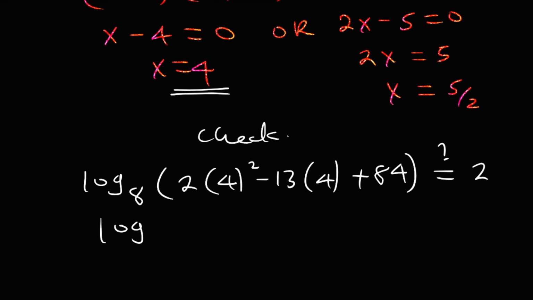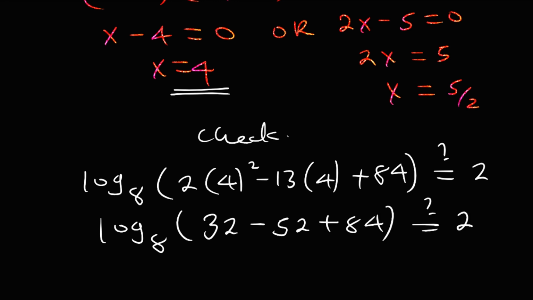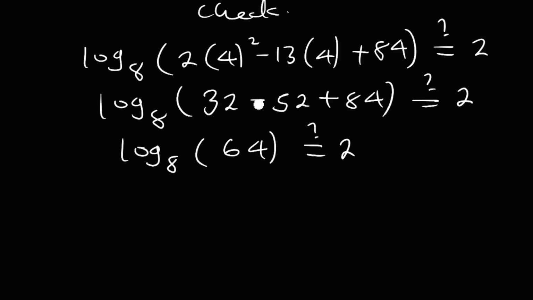So this is log to base 8 of 2 times 4 squared, that is 32, minus 13 times 4, which is 52, plus 84. So we have log to base 8 of 32 minus 52 plus 84. If you simplify, you're going to get 64. Then we check if that will give us 2.